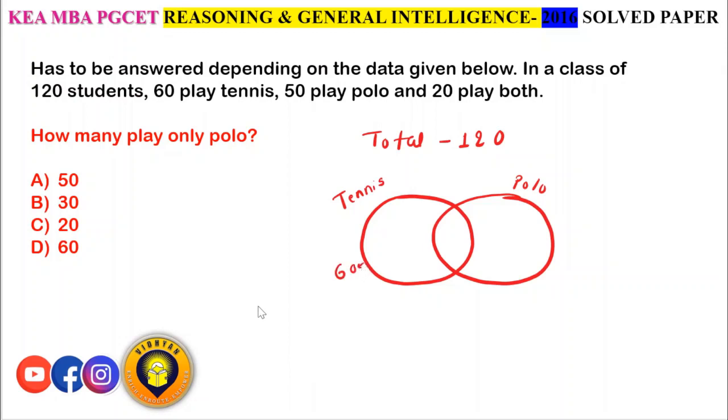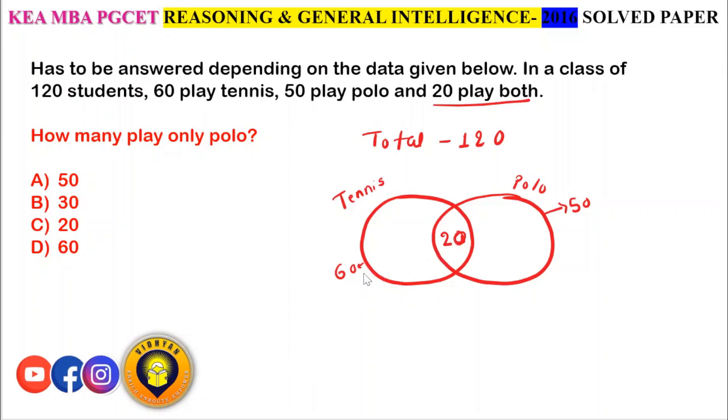Then 50 play polo, that means this circle, the total value is 50. And 20 play both, that means they come here, the intersection. Both tennis and polo will be written here, so 20 students play both tennis as well as polo.